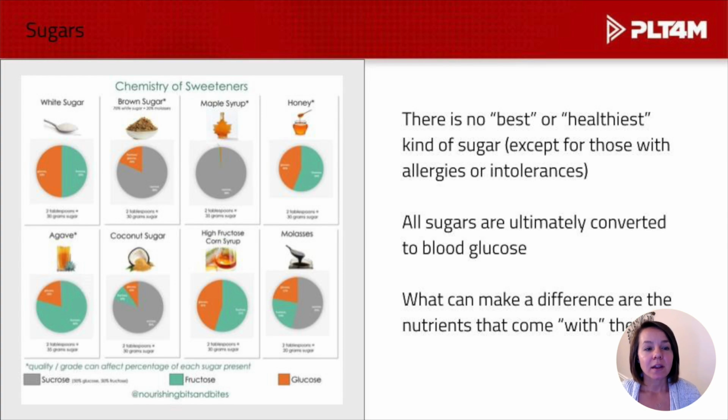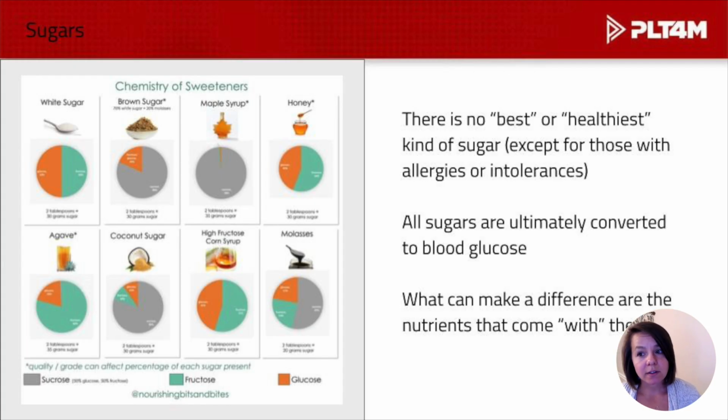For example, there are people who cannot metabolize fructose, so they may need to avoid any food that has fructose in it. And there are still others that can't metabolize lactose, so they may avoid foods containing that.